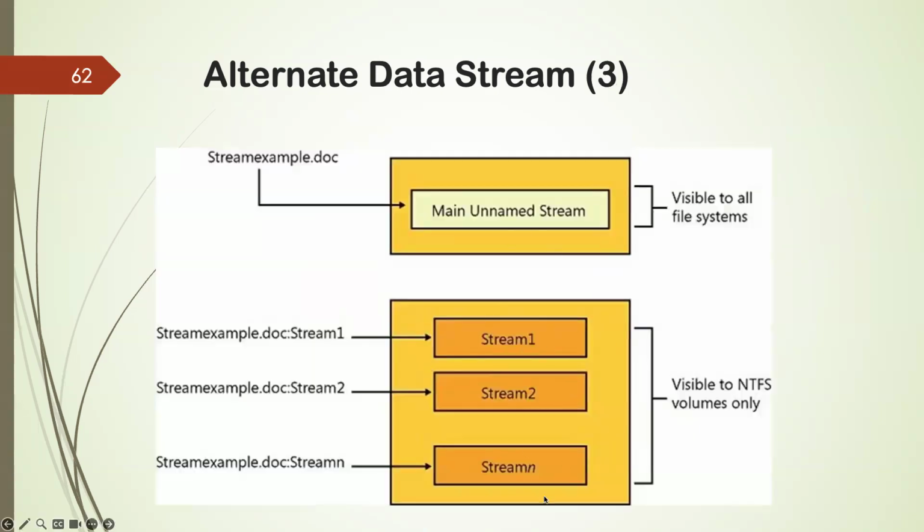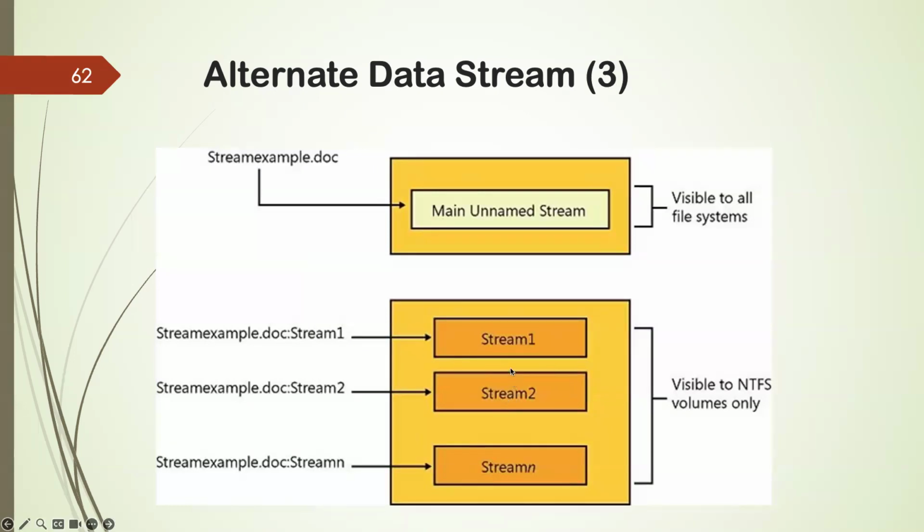So this is how you can illustrate this whole concept. This is what the normal data attribute looks like. You have just one stream, one set of clusters or data runs written here, that is your default stream, and this is what will be visible to the file system and the operating system. But inside this data attribute, you can have some hidden streams as well.